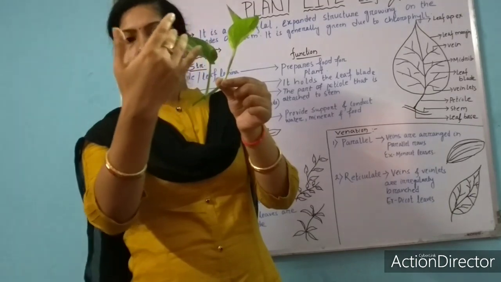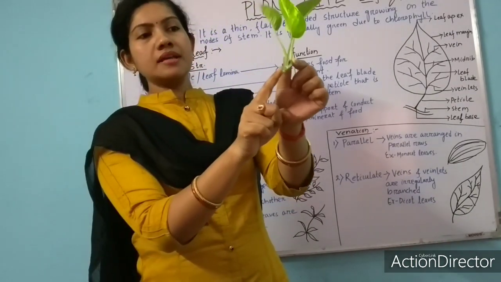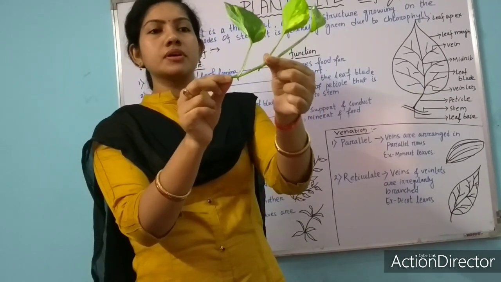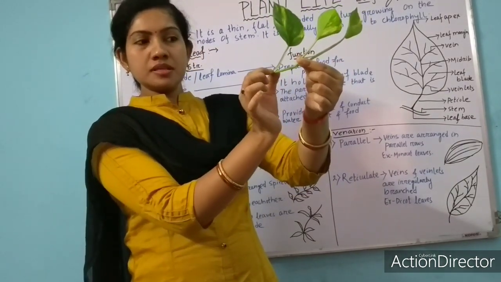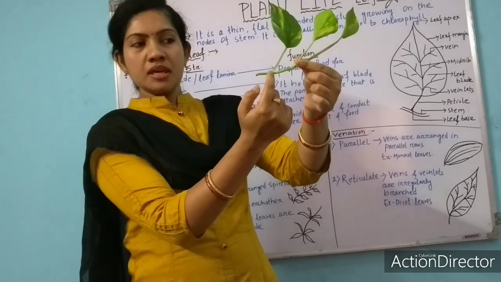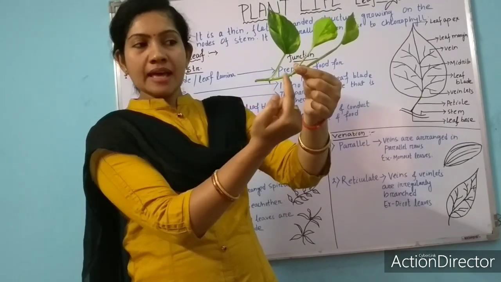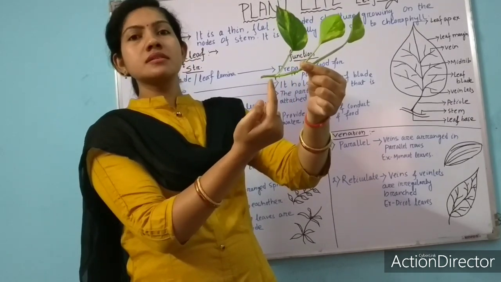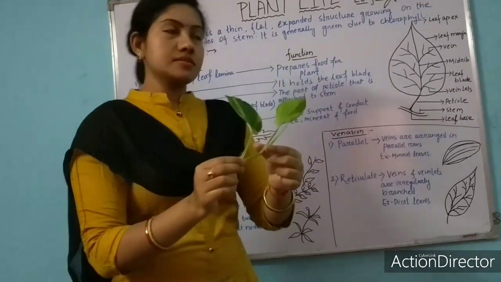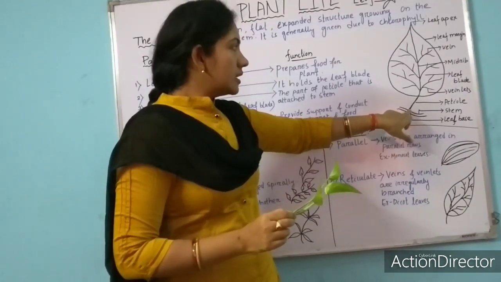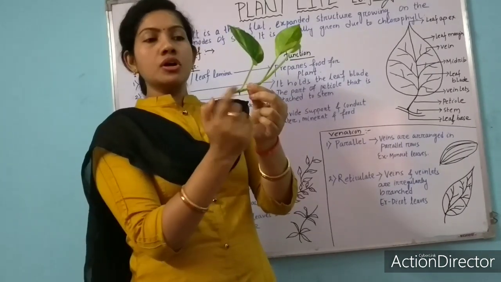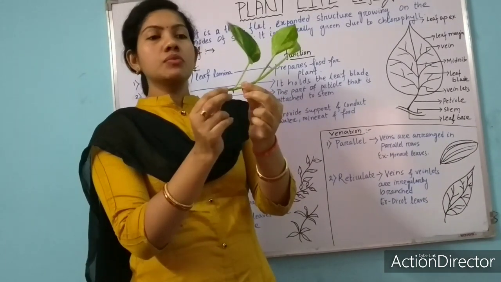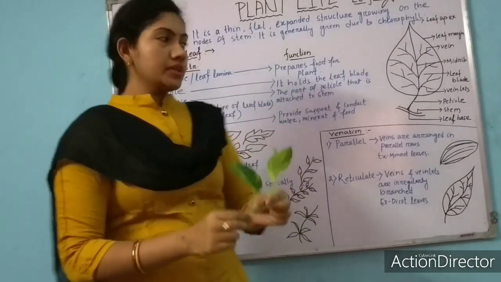So the base of the petiole, here at the node, which is attached to the stem, we call it what? Leaf base. Here also I have written leaf base. The base of the petiole which is attached to the stem, we call it leaf base.